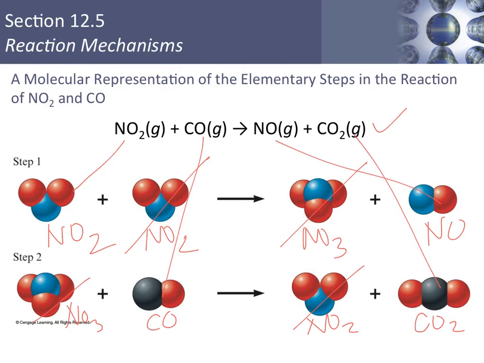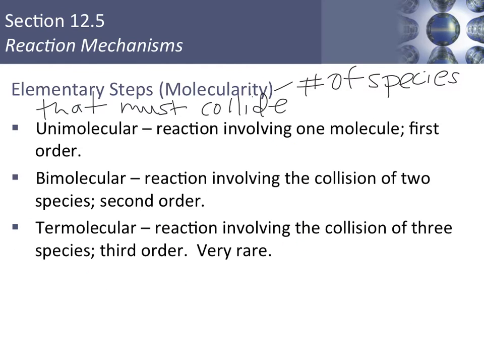This proposed reaction mechanism that is composed of two elementary steps does give us the overall balanced chemical equation that we are looking for. So it is a possible reaction mechanism. Reaction mechanisms can never be proved absolutely, and there could be other mechanisms that are possible for this chemical reaction. More experimenting would be necessary.